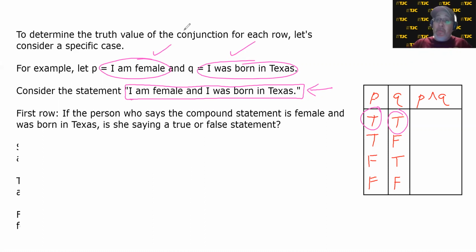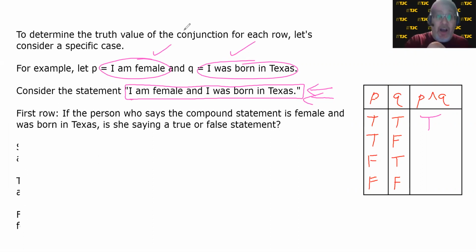Maybe it's you. Maybe it's a sister, a mother, a daughter, a friend, whatever. But just picture somebody you know who is female and who was born in Texas. If that person says, I am female and I was born in Texas, is that person saying a true statement? The answer, yes. Under those conditions of both simple statements being true, the conjunction is also true.